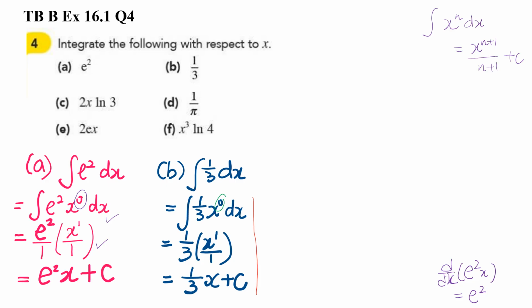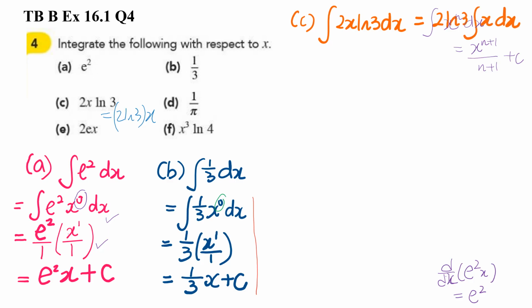Alright, look at part c. So 2x ln 3, you can actually write it as 2 ln 3 times x, because ln 3 is a constant and 2 is a constant. So 2 ln 3 will give you a constant, right? So you can actually just pull your 2 ln 3 out from your integral.